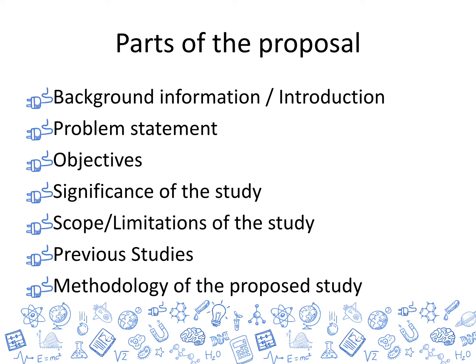The next part in the proposal is the scope or limitations of the study. There are 2 main limitations that most students would do. Number 1, your study is limited to only small group of people, and they are from UITM.